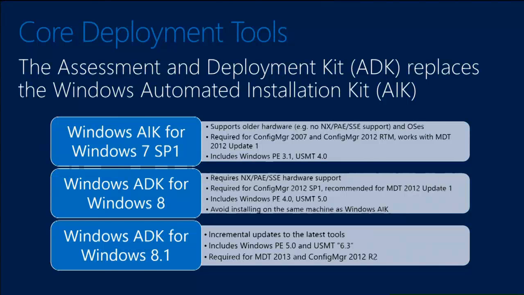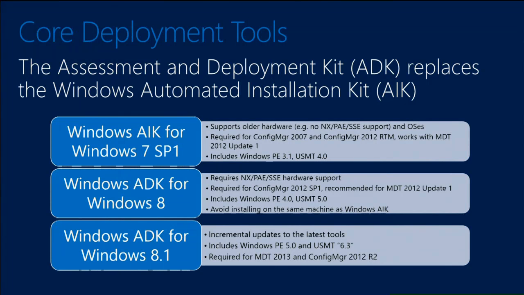Now for 8.1, there will be a new ADK. The preview of that's already available. It's basically just incremental updates, so no massive changes to that. We do see new versions of Windows PE and new versions of USMT, which are the key deployment tools. That new kit will be required for both MDT 2013 and Configuration Manager 2012 R2.